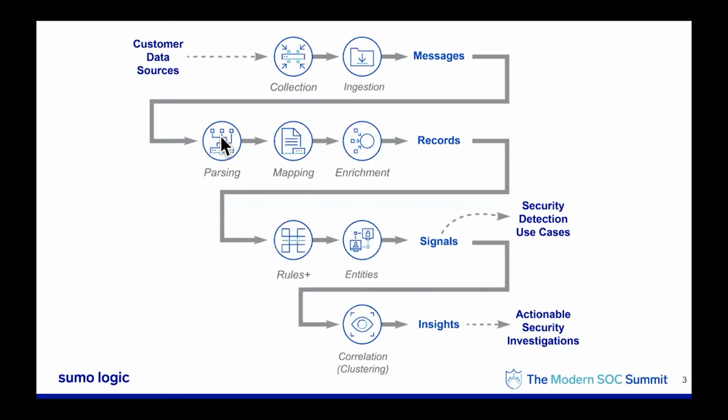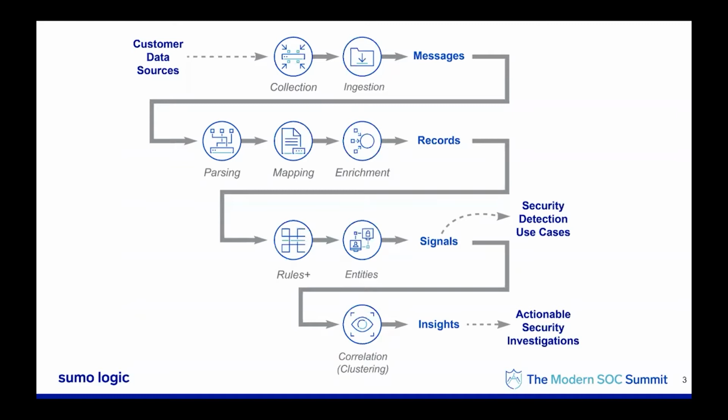For example, it might grab a field that has an IP address in it, but the IP address has dashes. It will parse that out, flip it so it actually becomes an IP address, and then map it to a specific field, like source IP, one of the metadata tags that we use.